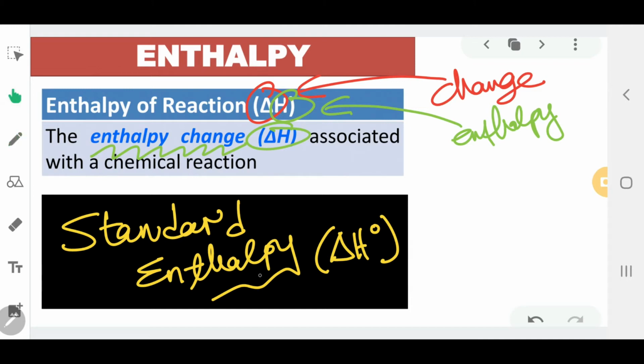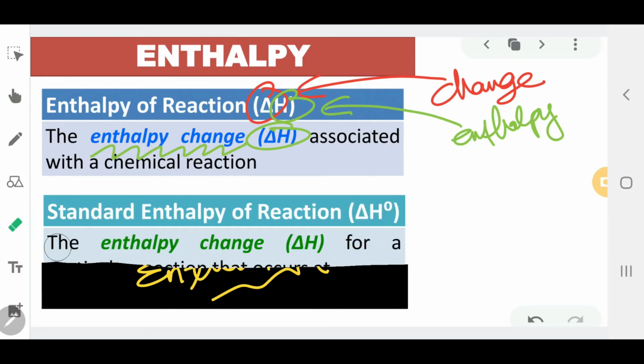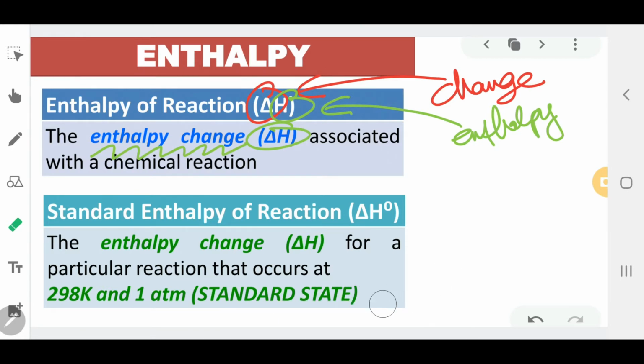So what about standard enthalpy? Standard enthalpy is the enthalpy change for a particular reaction that takes place at a certain standard state. In this case, it will be at the temperature of 298 Kelvin and 1 atmospheric pressure.